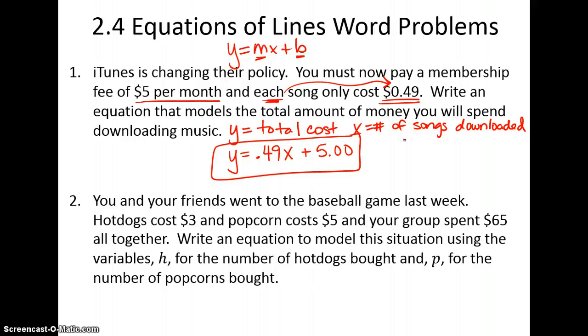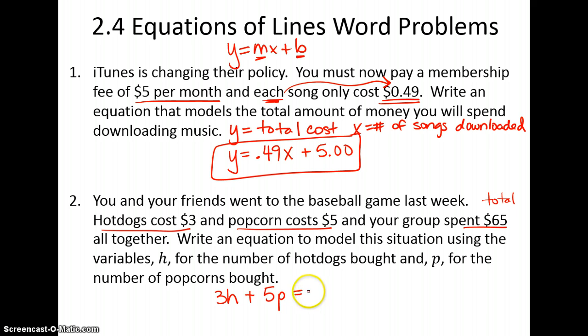Okay, this is a different type of problem because if you notice, we have three things going on here. Hot dogs, popcorn, and this would be our total. So this is not a y equals mx plus b type of problem. Okay, we are going to set it up as $3 for each hot dog we bought, plus $5 for each popcorn we bought.